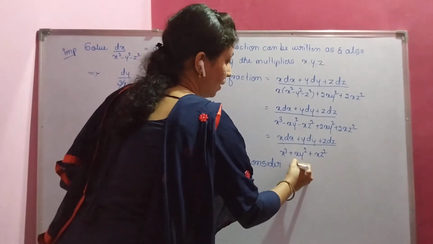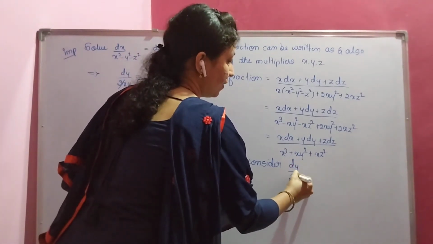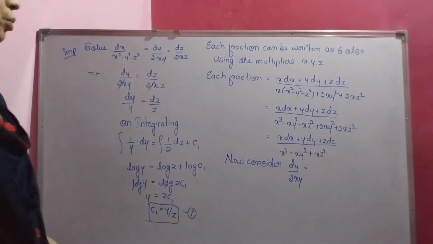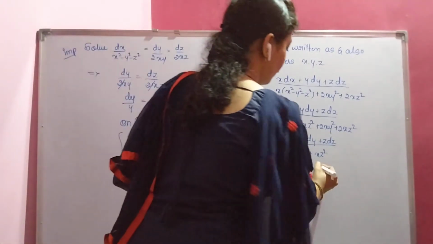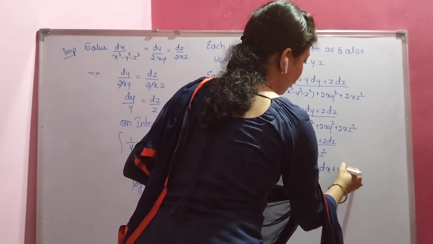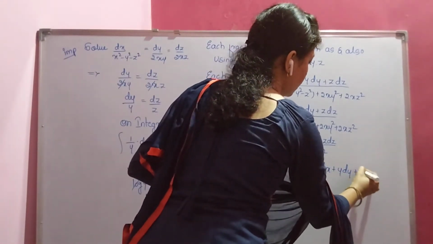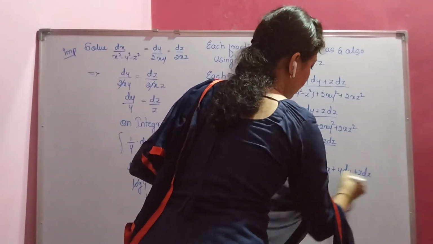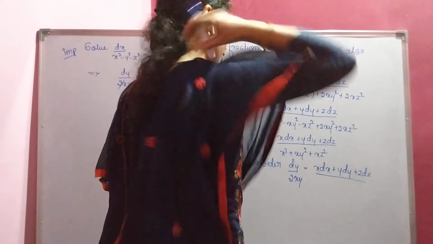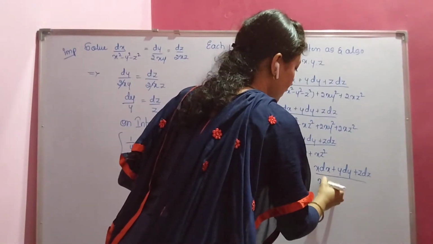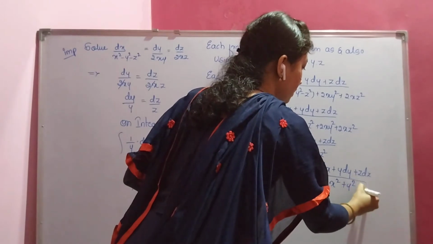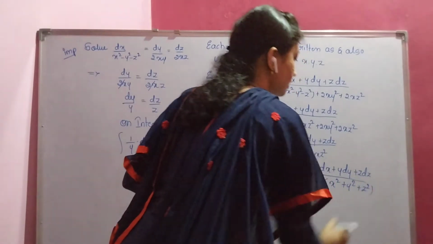Now consider dy divided by 2xy, the second term, and this fraction can be written as x dx plus y dy plus z dz divided by x cube, or here we can take x as common, then in the bracket we have x square plus y square plus z square.